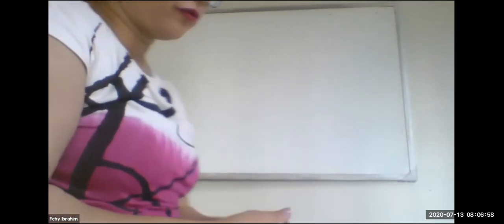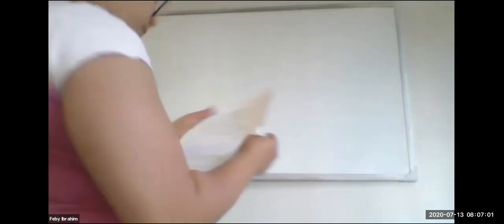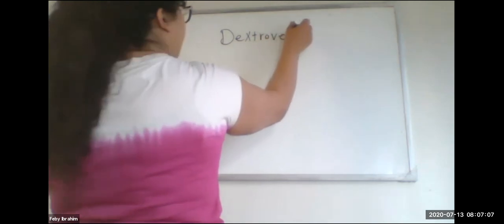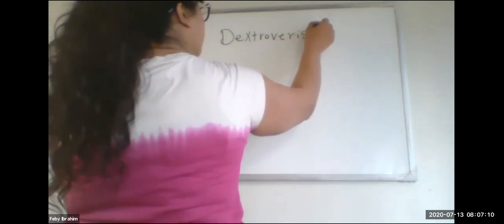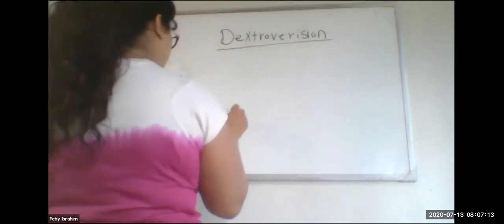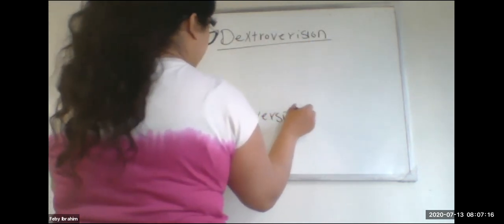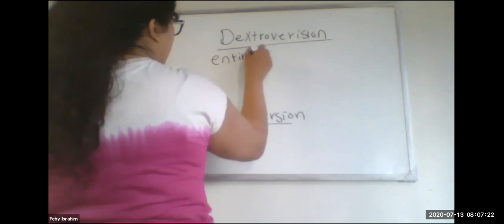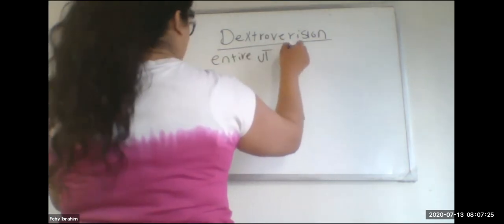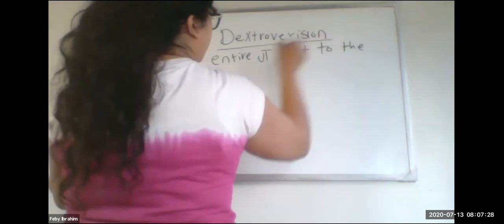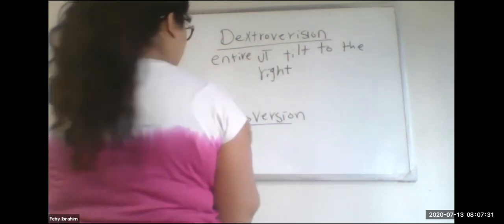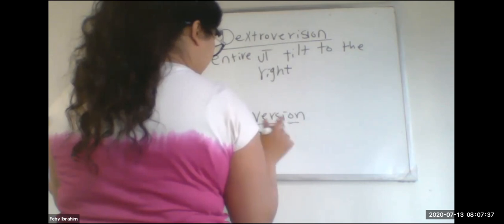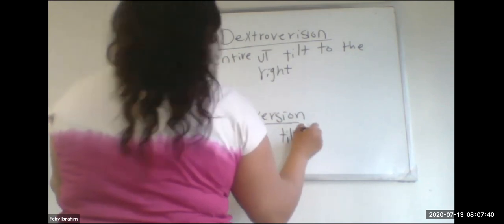You have the dextroversion and the levoversion. For dextroversion, the entire uterus tilts to the right, and for levoversion, the entire uterus tilts to the left.